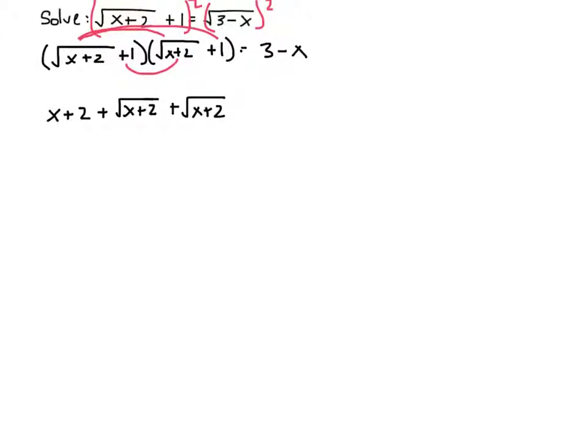Now, instead of writing it twice, let's just say that's actually 2 of those, right? So that's 2 square roots of x plus 2. So I can save myself a step. And then finally, 1 times 1 is 1.